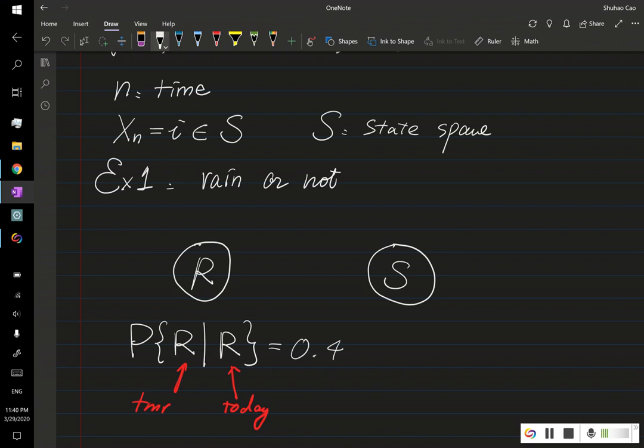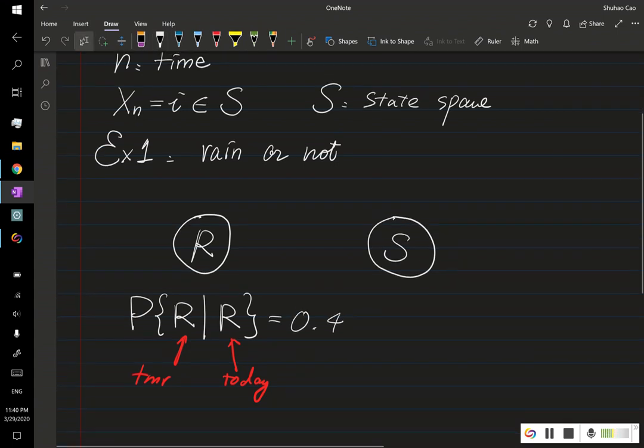This says given today is raining, there is a 40% chance tomorrow it's gonna continue to rain. So we draw a small arrow here, which means if today it rains, tomorrow we have a 40% chance it's gonna rain.